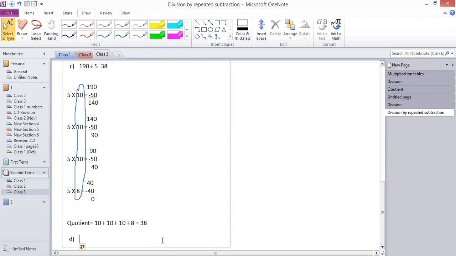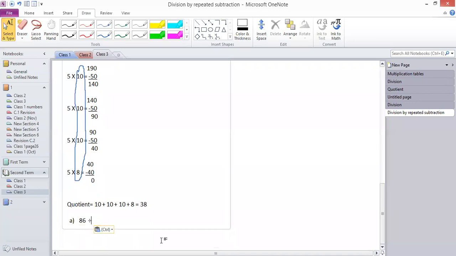D is from the table of 2. 86 divided by 2. D is 86 divided by 2. Guys, we have less time.